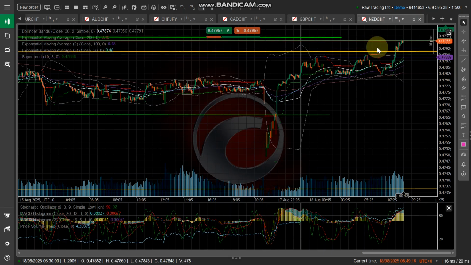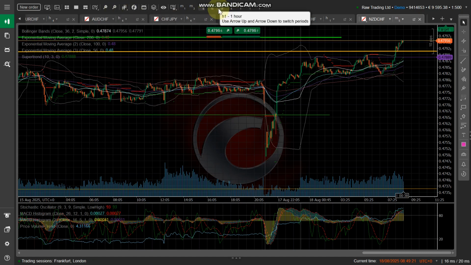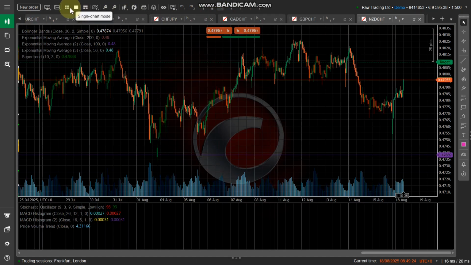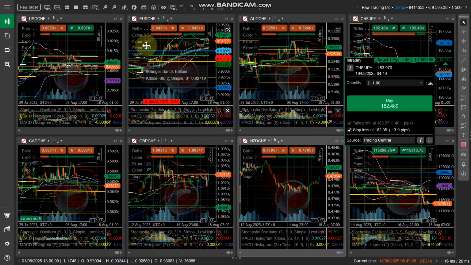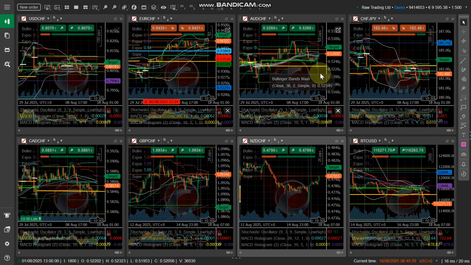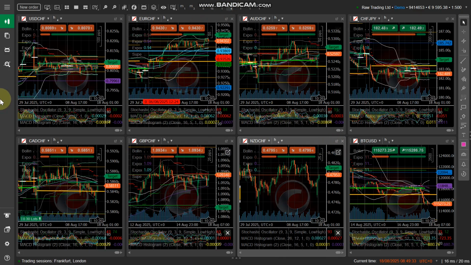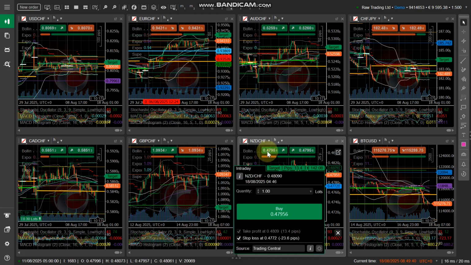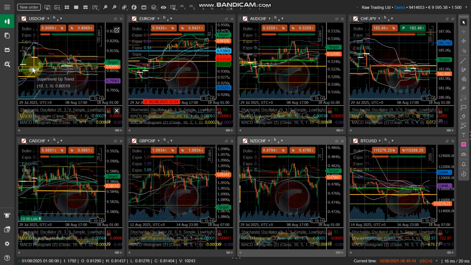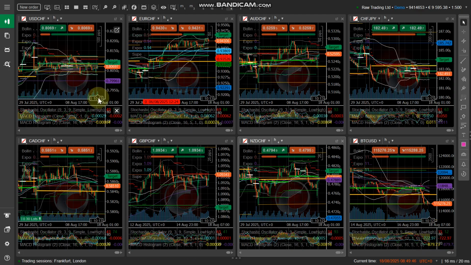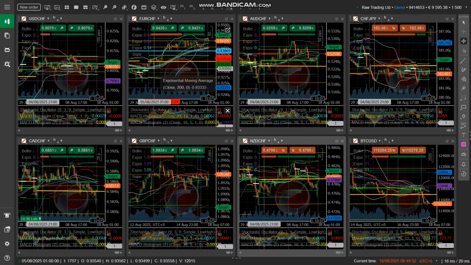But for the entire chart across the board, this is 4 hours, group of 4 hours. Not yet coming back. Look at it synchronously.